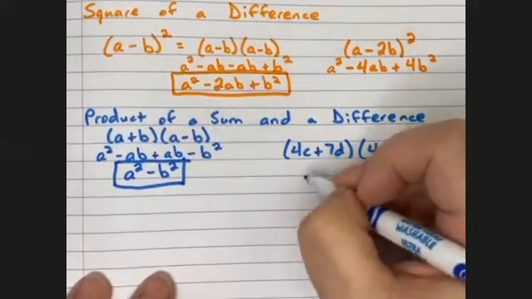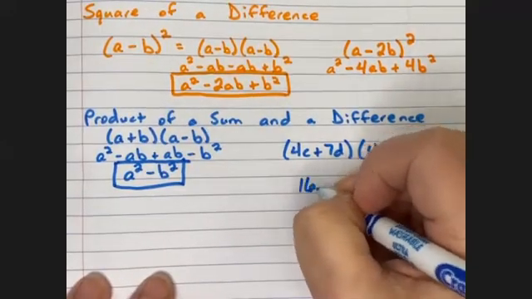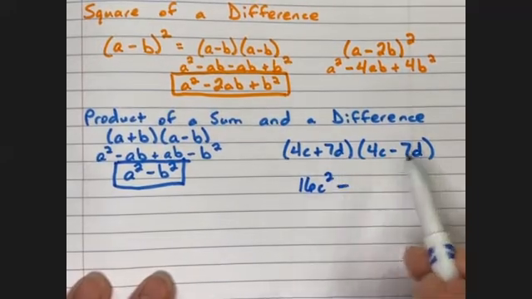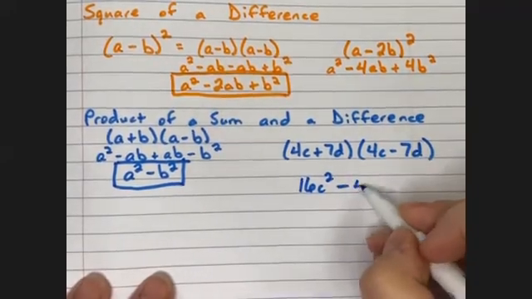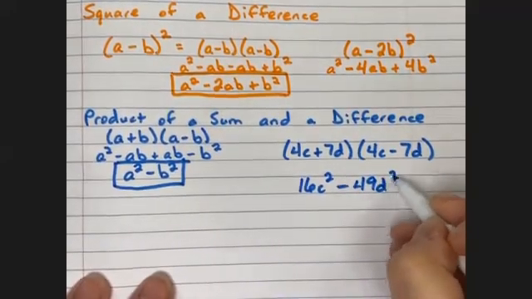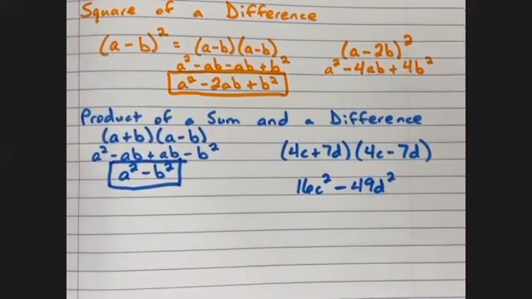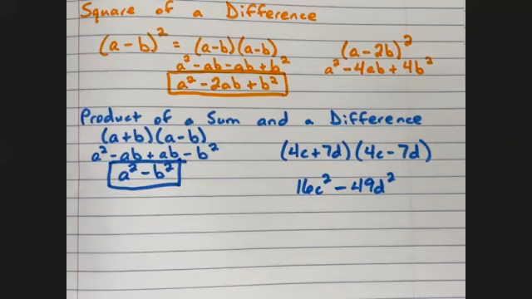So 4c times 4c is going to be 16c squared, minus 7d times 7d is 49d squared. So that's it. Like I said, this is a pattern. If you can remember the patterns for these specific kinds of products, then it gives you a little bit of a shortcut, a way to get there faster.